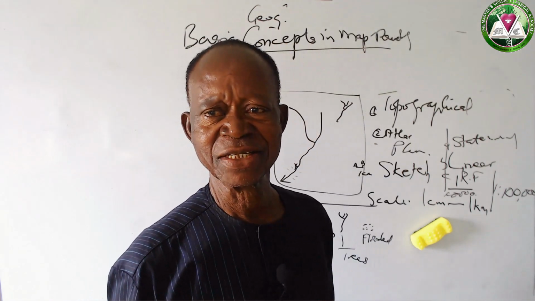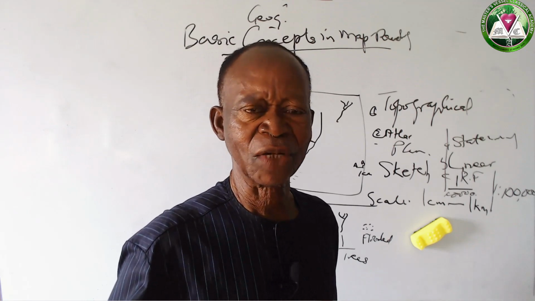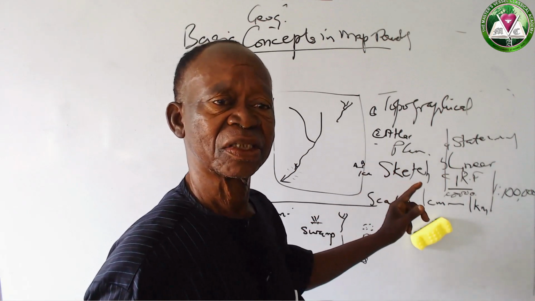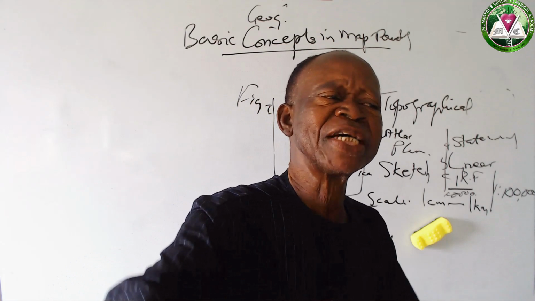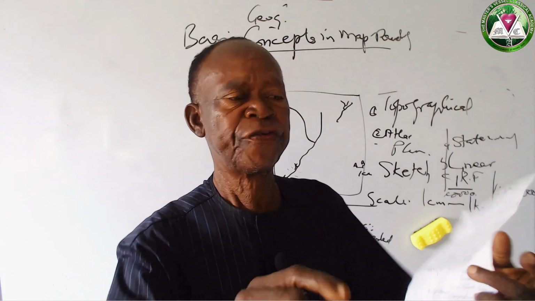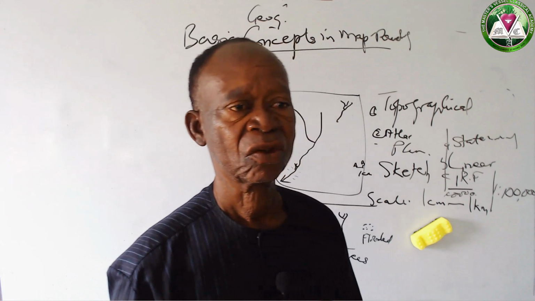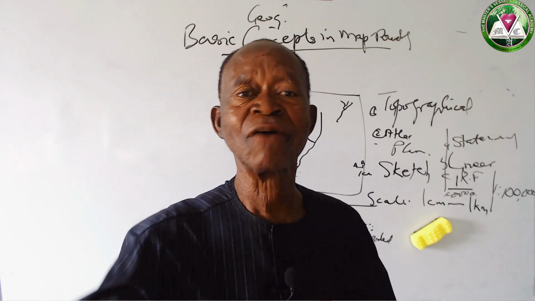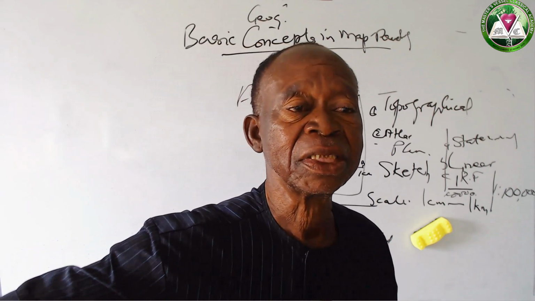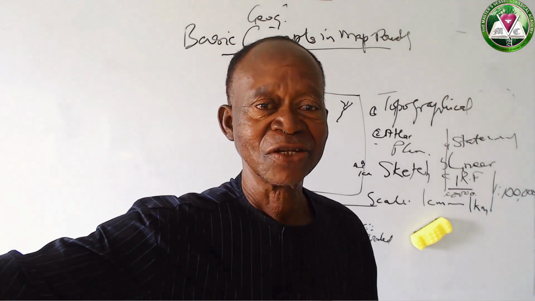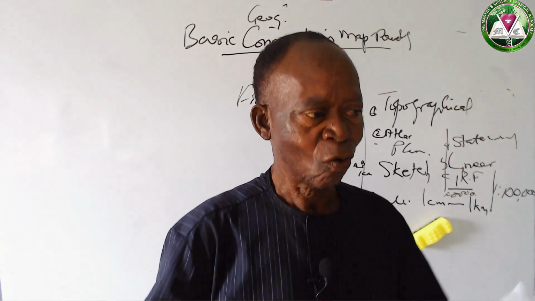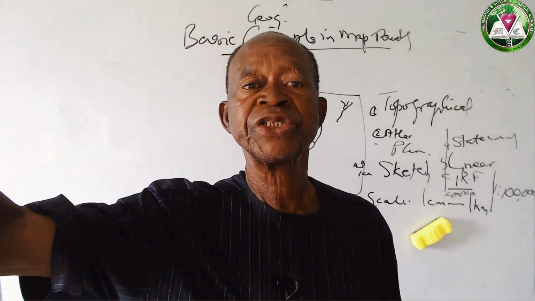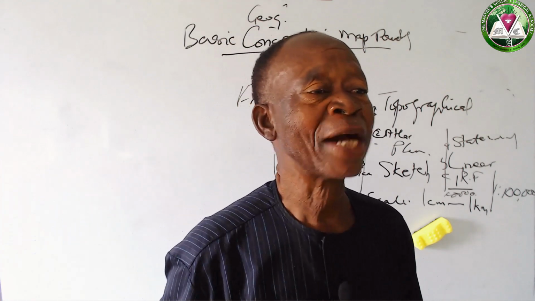There's one thing I would like you to know. In statement scale, you can use different values. If you are using meter for the numerator, you can use another value, kilometer, in the denominator. So that whenever you say 1 meter represents 20 kilometers, you are quite correct.